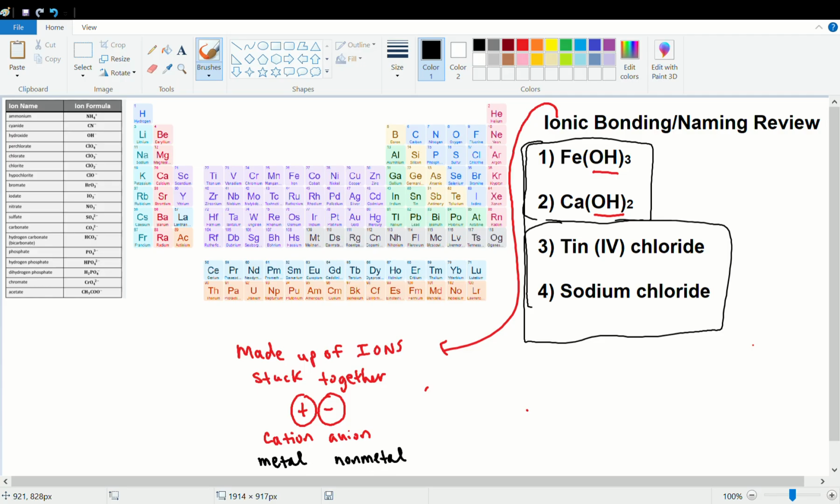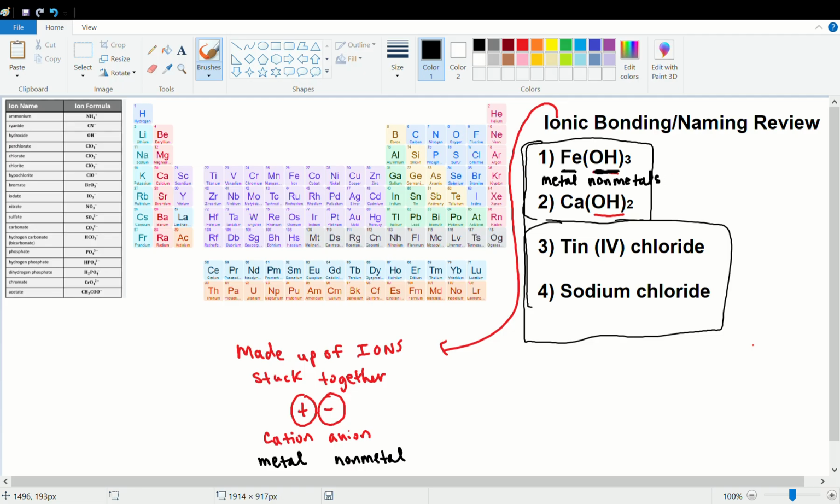That will not always be the case, but most of the time, those are the patterns that we see. In this case, iron is the metal, which is going to be the cation, and then we have a group of nonmetals, and that group of nonmetals is going to be the anion.